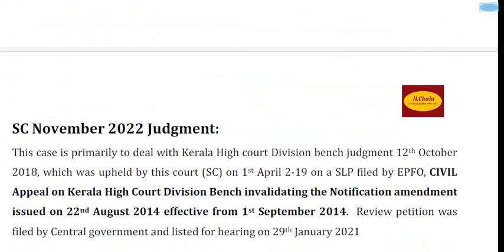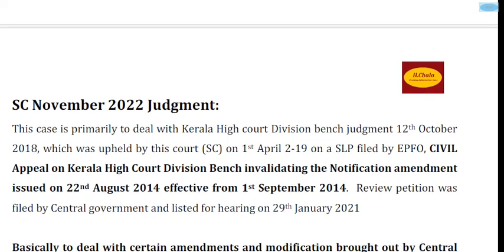The matter then again came to the Supreme Court. The Supreme Court in 2019 also upheld it. Then it was the central government which filed a review petition. All those things came into the Supreme Court. The November SC judgment was as follows.